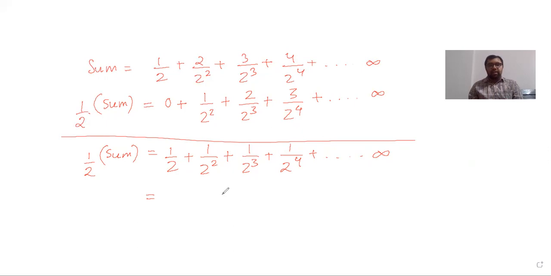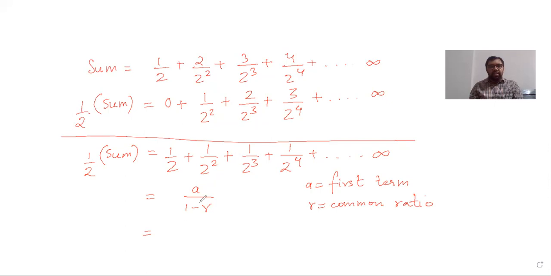So this series is again behaving as an infinite GP. And for an infinite GP, the formula is a upon 1 minus r, where a is the first term and r is the common ratio of the GP.